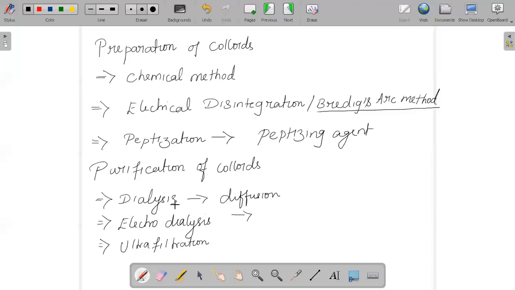And next we say ultrafiltration. This is the process of separating the colloids from the soluble solutes, that is impurities, using specially prepared filters which are permeable to all the substances except the colloids. Colloidal particles will normally pass through ordinary filter paper because the pores are too large.